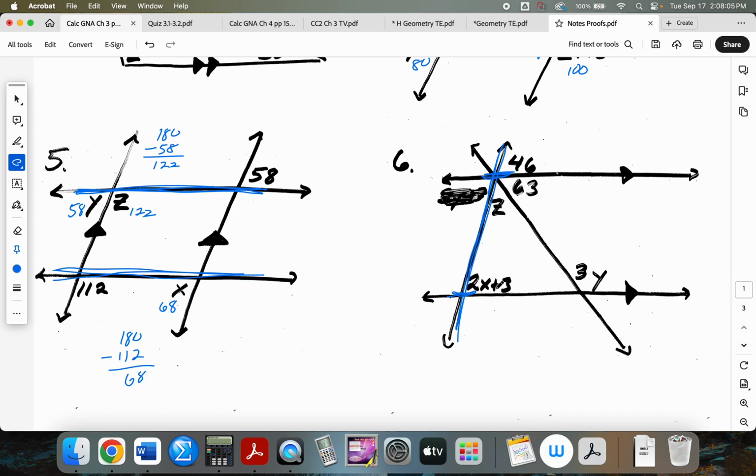What kind of angles are the 2x plus 3 and the 46? They're corresponding. So they are congruent. This is 46. So 2x plus 3 is equal to 46. Subtract 3 and we get 2x is 43. So x is what? 21 and a half.